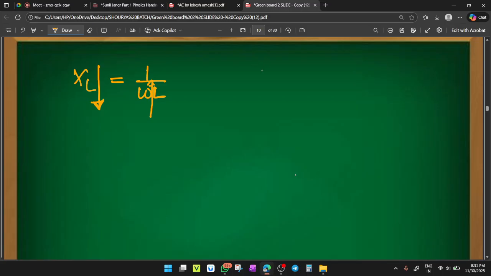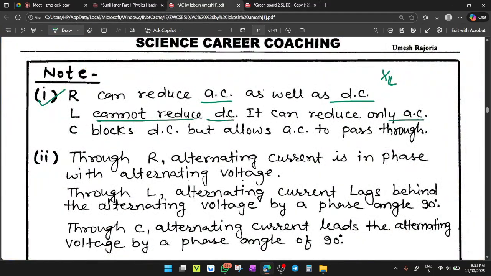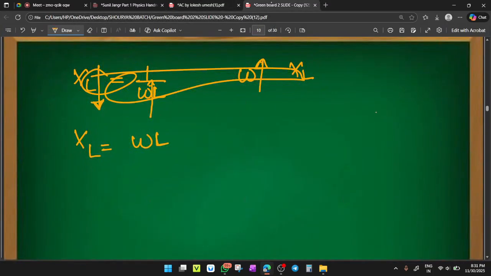Means for AC of high frequency, generally AC supply has high frequency. So if omega is high, your inductive... sorry, there is a formula for XL: XL equals omega L, and XC equals 1 upon omega C. So for high frequency, if omega is more, your XL will be more.